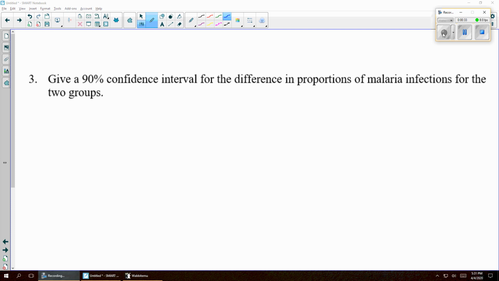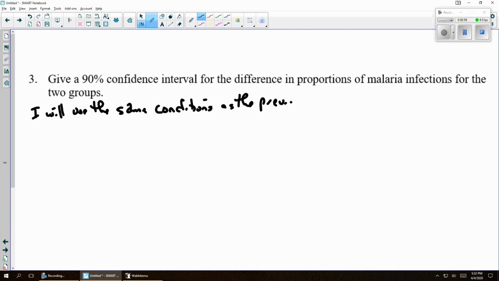So first of all, I need to use the same conditions that I did in the previous problem. Now, when we go through something like this, the people grading it aren't fools, but they do want to see that you've got an understanding of what's going on. So I will use the same conditions as the previous problem.